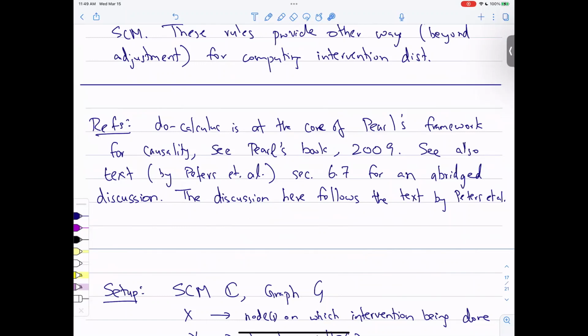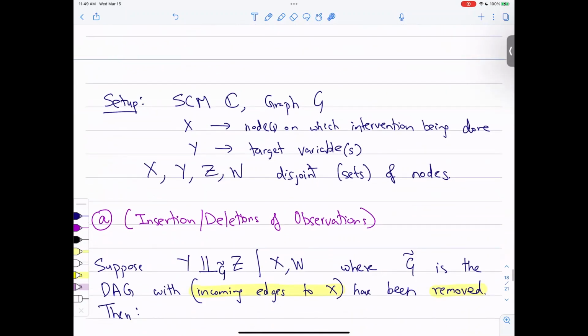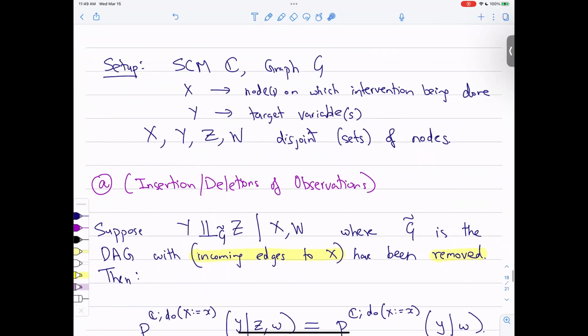This is even more abridged, meaning I'm not going to explain anything. I'm just going to state some rules which are very opaque, the way I'm going to say it, and say there are manipulations that can be done. My statement is just a little bit more than that there is something that can be done. That's the honest answer. So given those caveats, let me state the kinds of rules we are looking at.